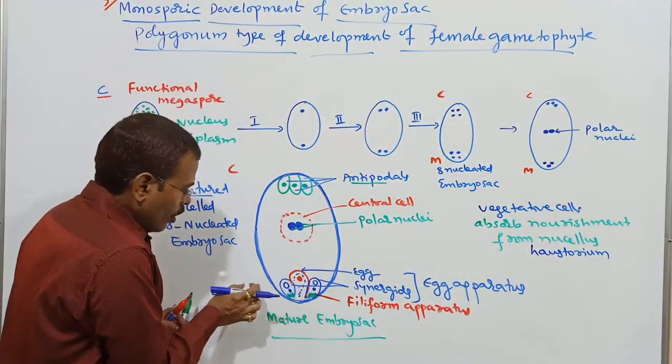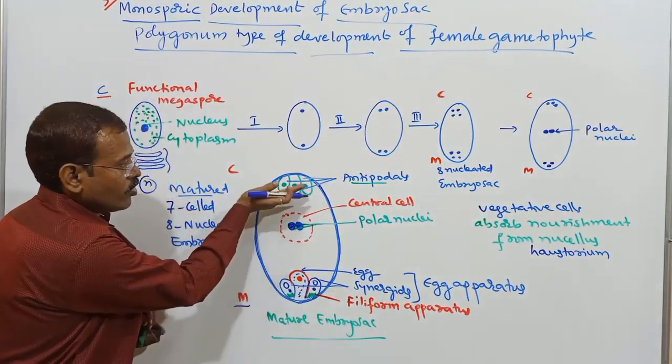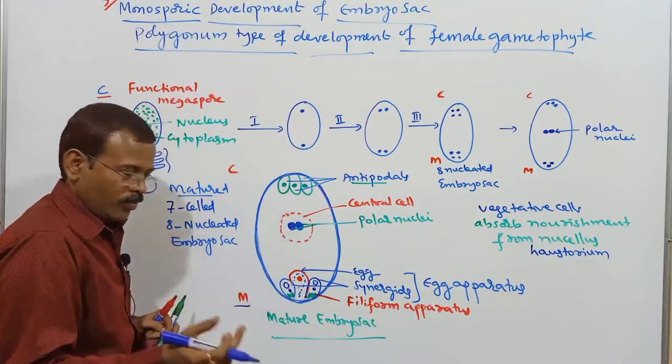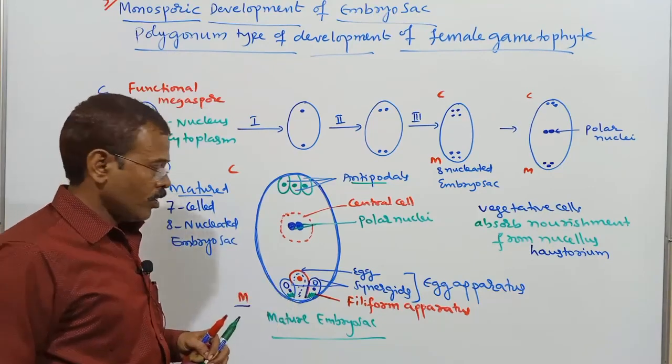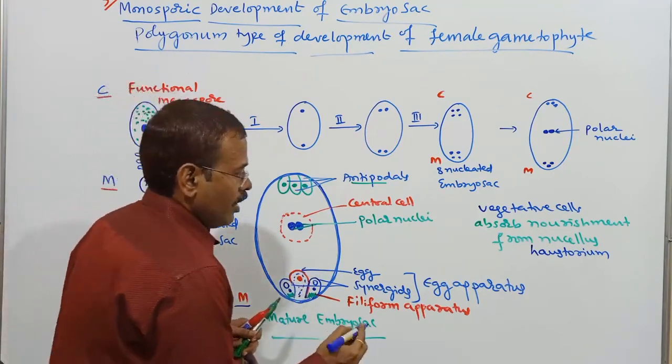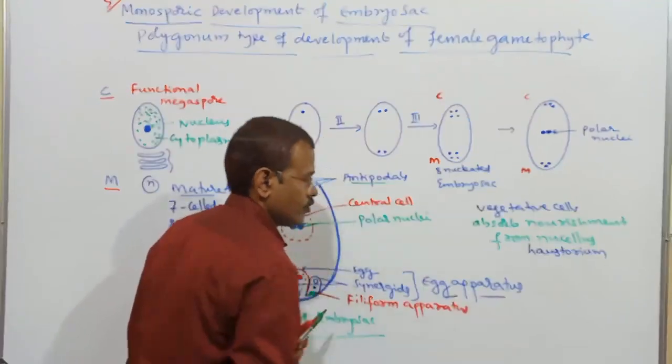Now, towards the micropyle, which is opposite the chalazal side, the basal part of the ovule, the female gametophyte has the egg apparatus.